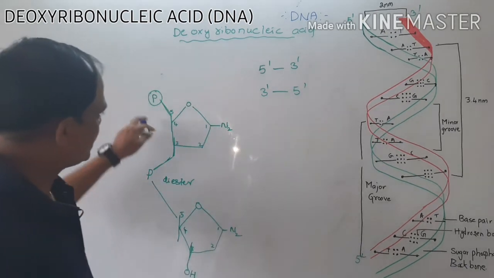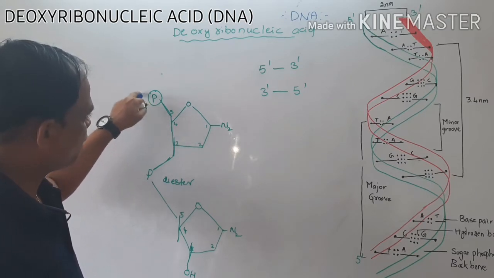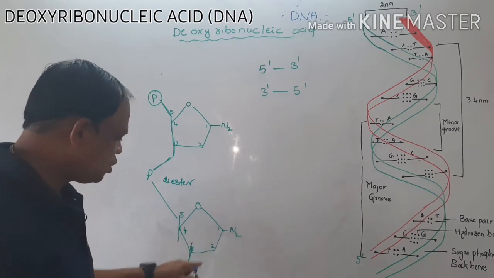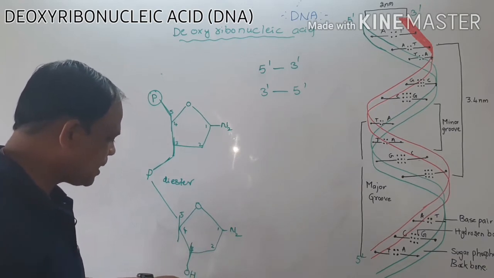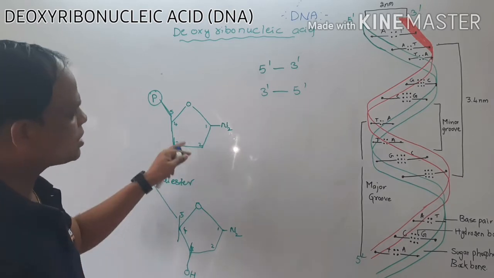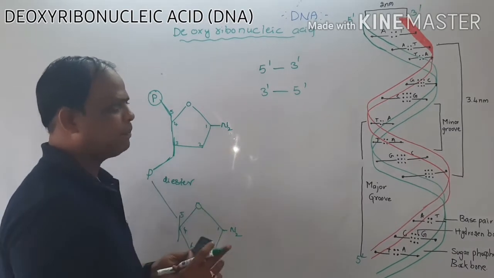The 5 prime means the fifth carbon of the pentose sugar is free of a phosphate group, and the 3 prime means the third carbon of the pentose sugar is present in the free form of a hydroxyl group. This is called 5 prime and 3 prime.